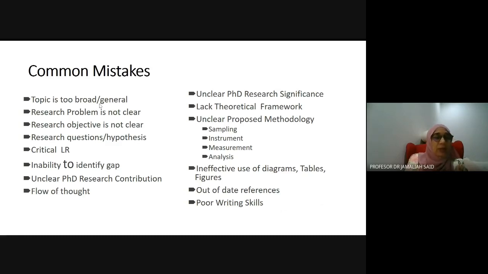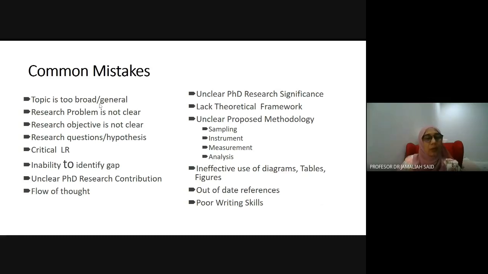There are a lot of gaps between the study carried out by the student and the rest of the people they refer to. Unfortunately, it is not mentioned in the proposal. The gap, okay? They know it, but they don't put it in the paper, okay?